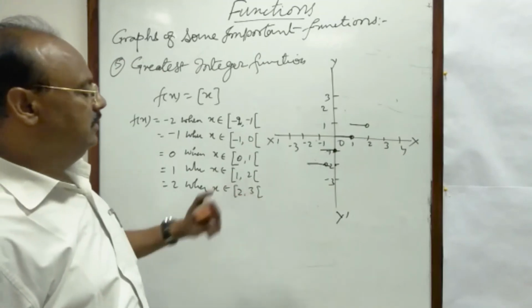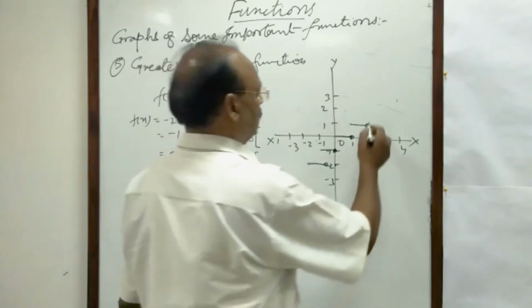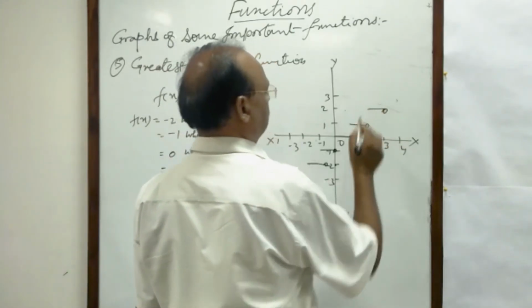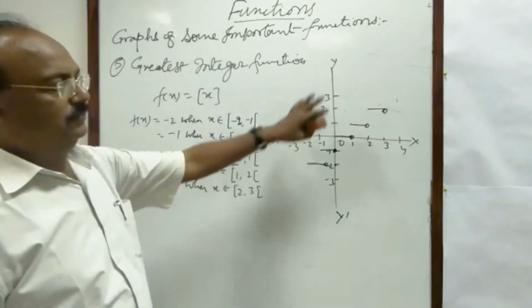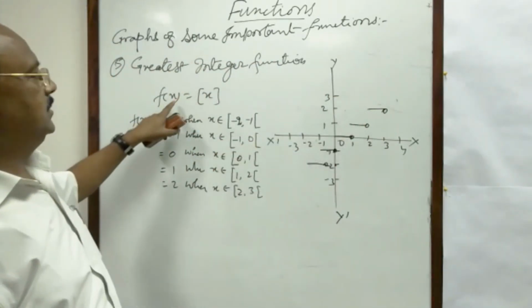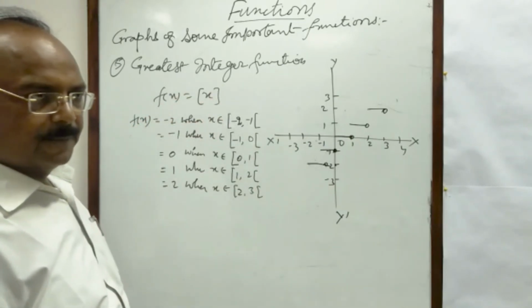When x lies in the interval 2 to 3, 3 is open here. So this is the graph for the greatest integer function f(x) is equal to the greatest integral value of x.